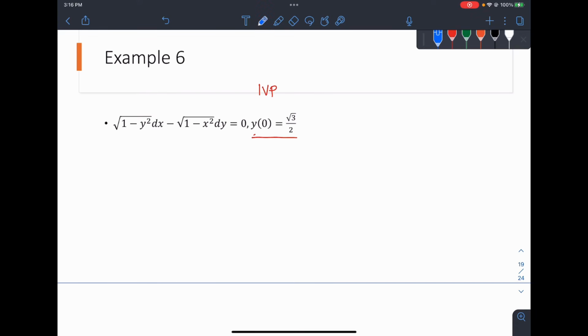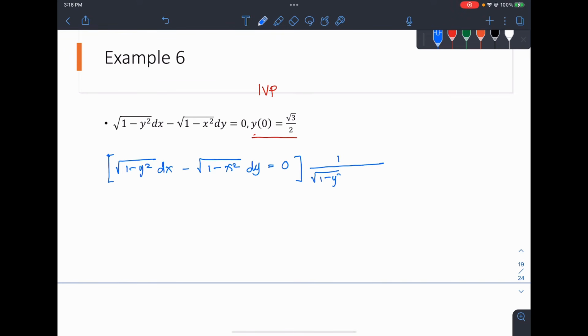So for this given example, we are given square root of 1 minus y squared dx, and minus square root of 1 minus x squared dy is equal to 0. So we multiply everything so as to be in excess. For dx, we are in excess of the square root of 1 minus y squared.